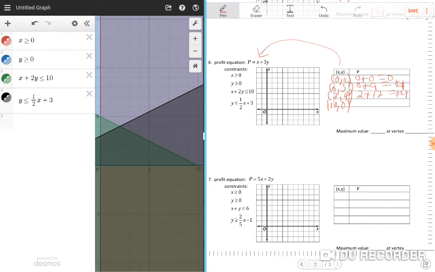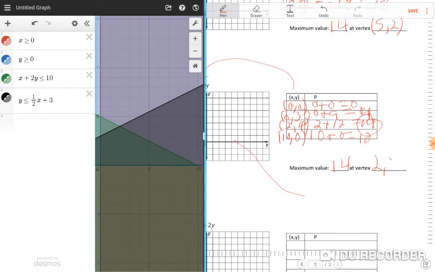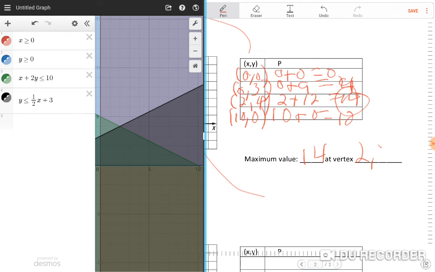So far we have 0, 9, and 14. And then finally 10 and 0. That's 10 plus 3 times 0, which is 0, is 10. Our winner is 14. Our maximum value is 14, and that happens at the vertex 2, 4. Oh, come on, let me write it in.